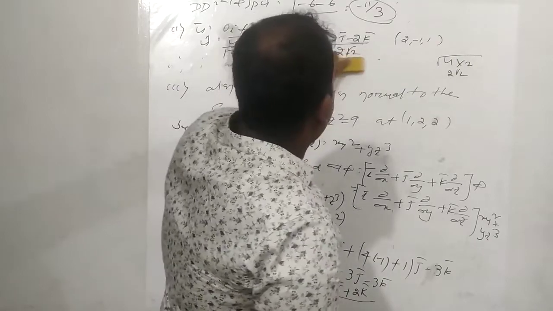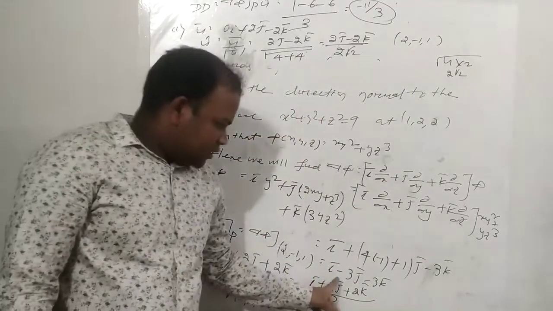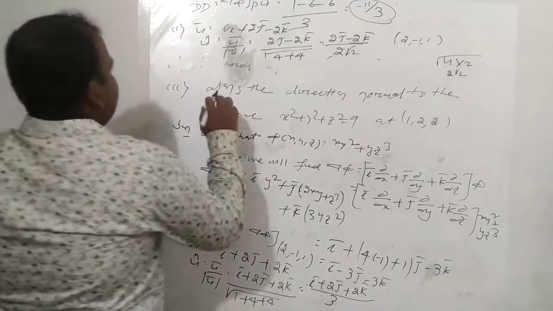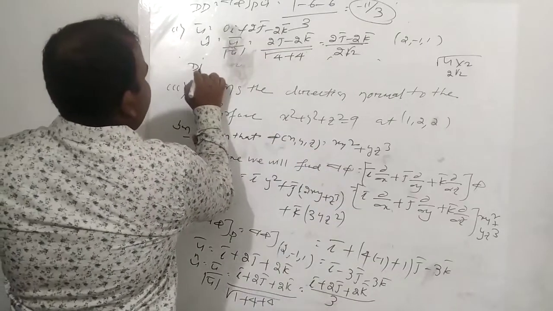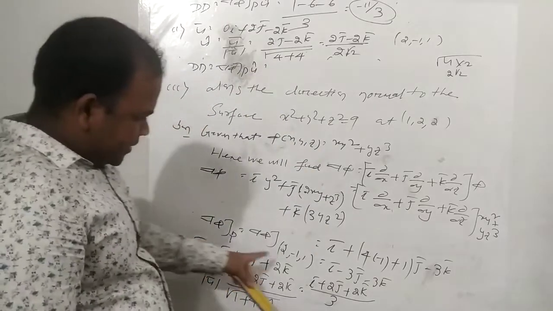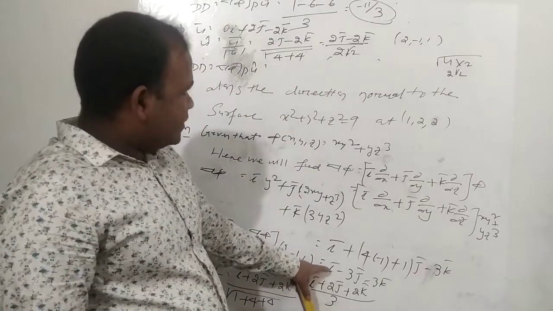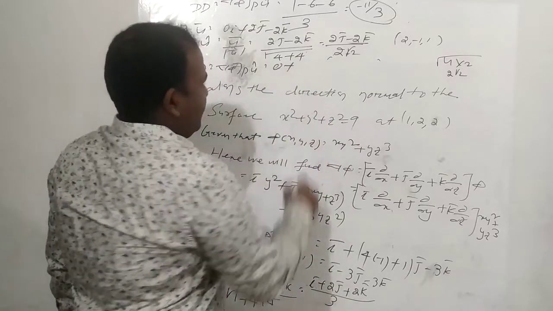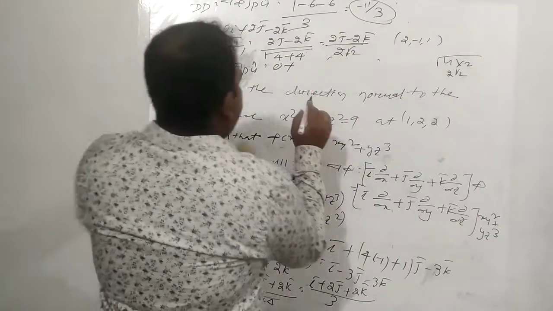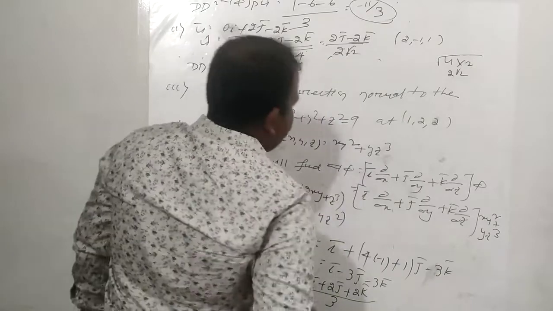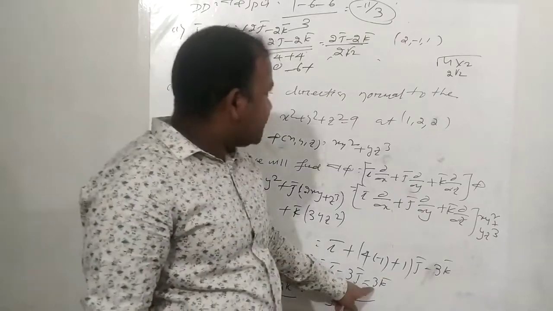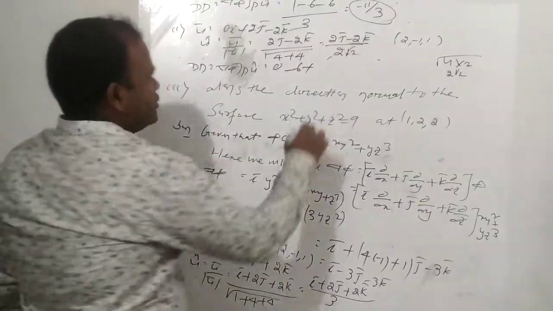Del phi at p we have already found, that is i minus 3j minus 3k. So the directional derivative equals del phi at p dot u cap. So i dot 0 is 0, plus minus 3 plus 2, this is minus 6, and minus 3 and minus 2, this is plus 6.